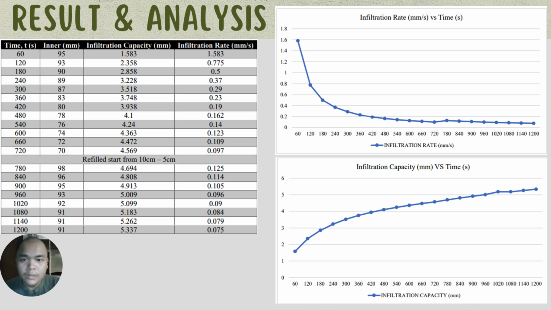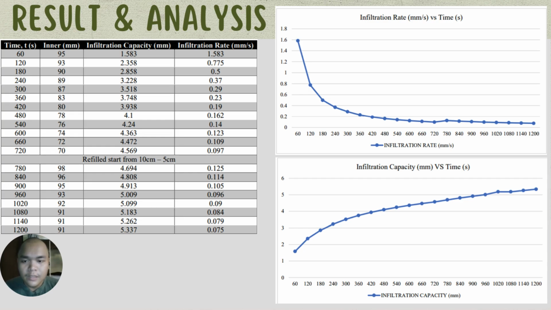Okay, so this is the data result of analysis that we have collected. Based on the graph that we have plotted, it shows that the infiltration rate versus time is decreasing. In the first 60 seconds, the infiltration rate is usually high, but after another 60 seconds it gets slower because the water absorbed by the soil becomes slow.